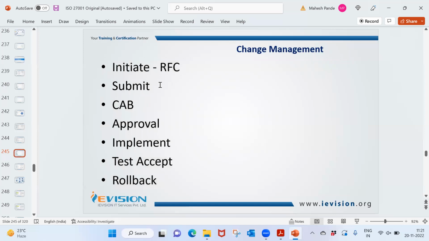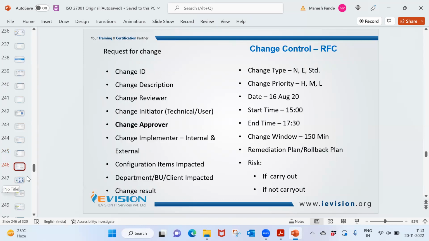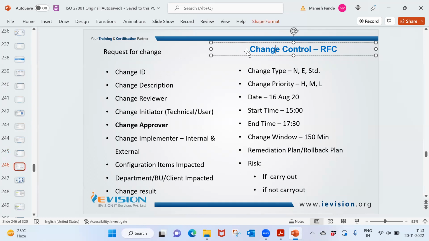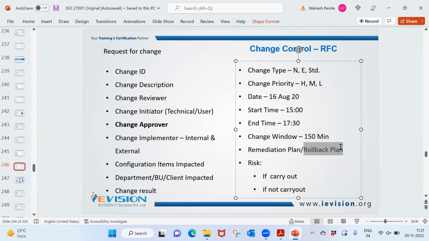So, as an RFC, you will submit that. You will have a CAB approval. I have a process defined, and I will explain it to you. The RFC form looks like this, with the change ID, description, reviewer, initiator, approver, date, time, the change window, whether it is high, medium or low priority, as well as the remediation plan or rollback plan, as Sugato mentioned.